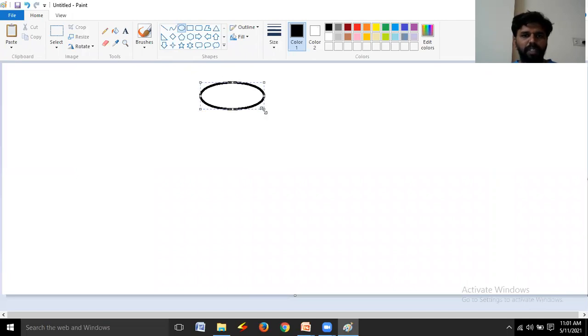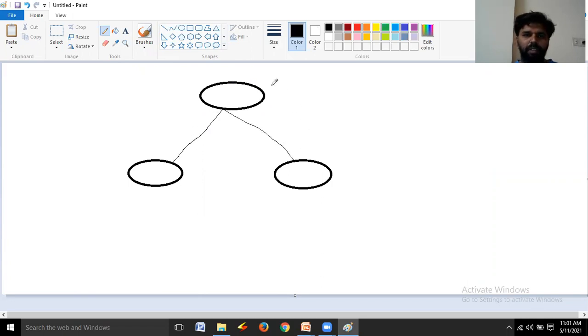Suppose this is the decision tree. Here you are going to evaluate whether the person is greater than 18. This is what we call an operational condition, or operating condition.